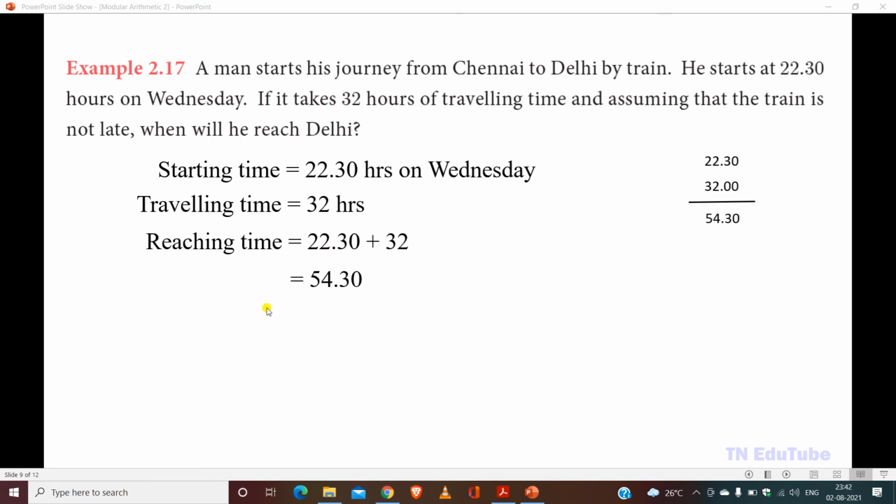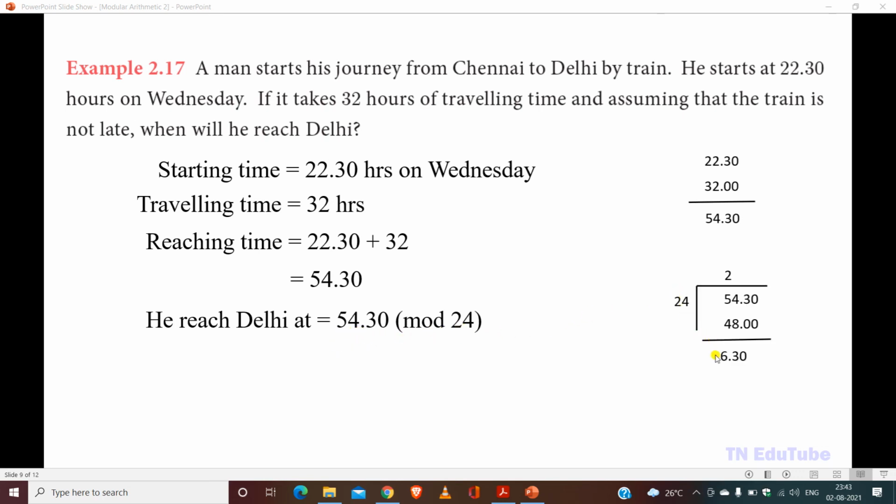So at 54:30 he reached Delhi. That means you have to find out, 24 hours means it is 1 day, isn't it? So you have to divide the number by 24, mod 24. While dividing, you get the remainder 6:30.